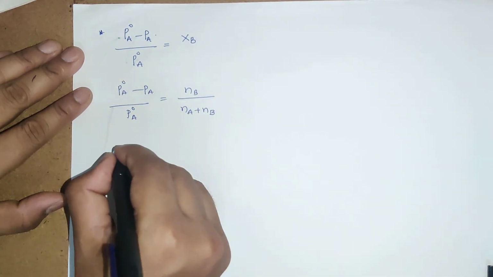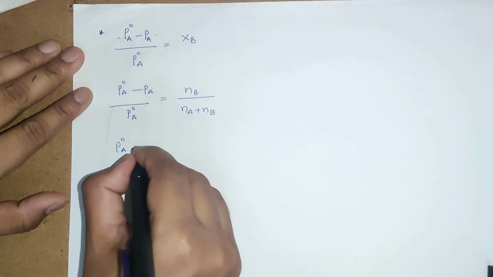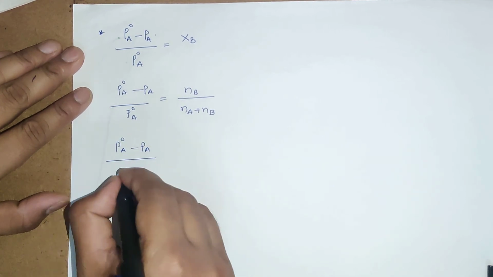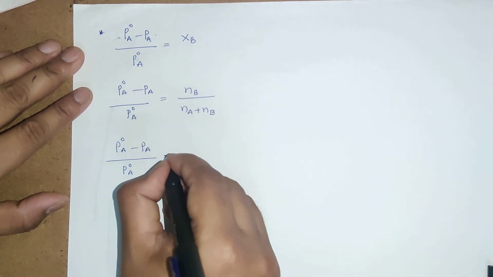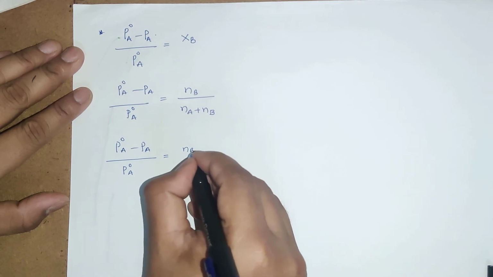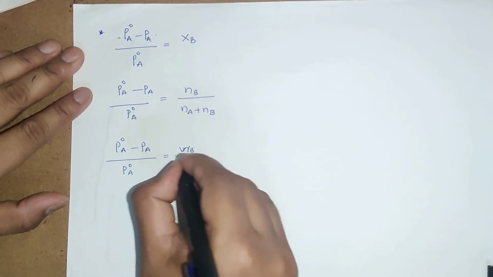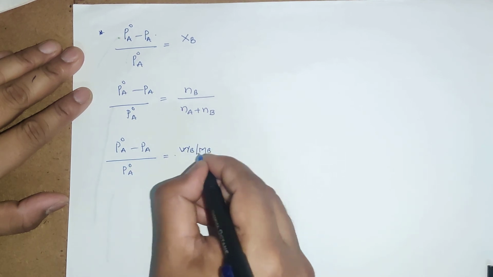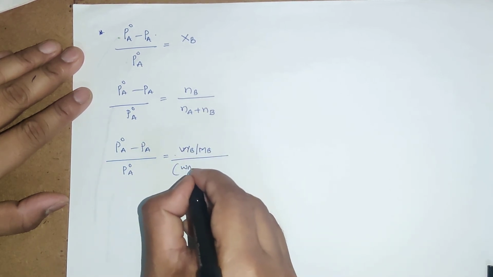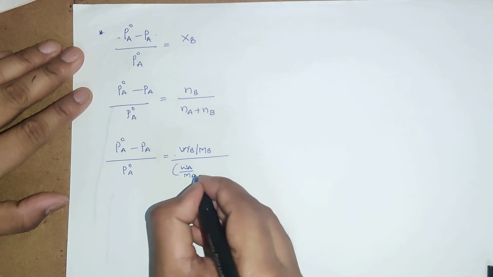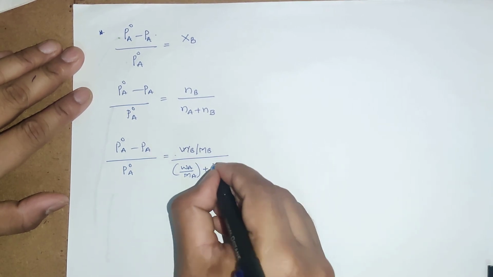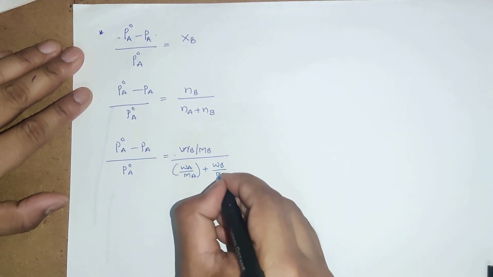What are Nb and Na? (P naught A minus Pa) by P naught A is equal to Wb by Mb, divided by Wa by Ma plus Wb by Mb.